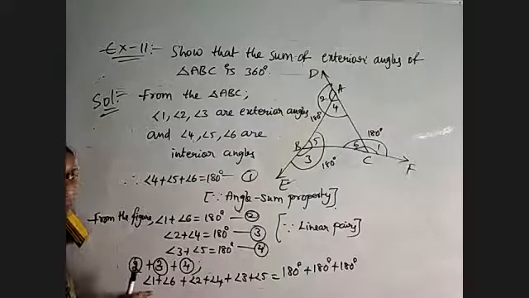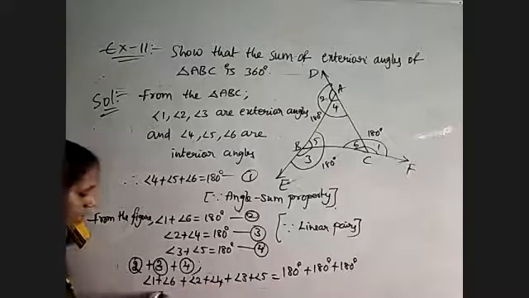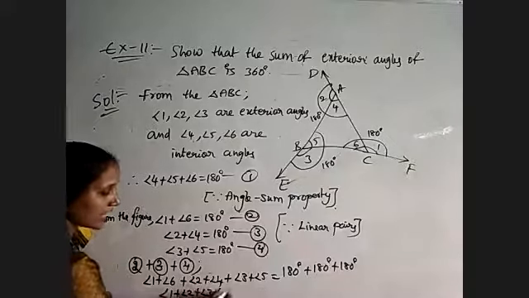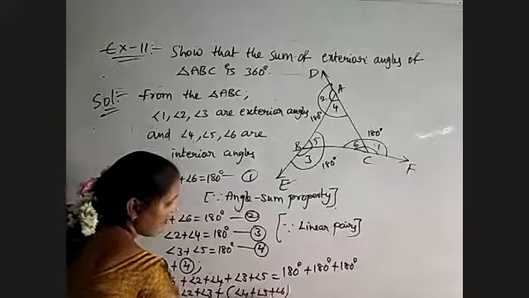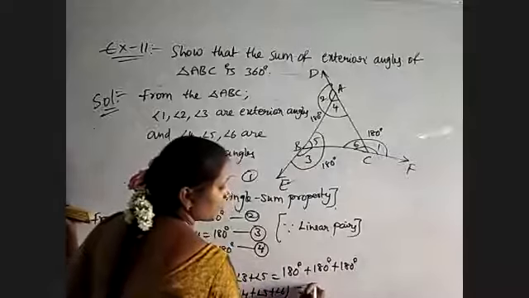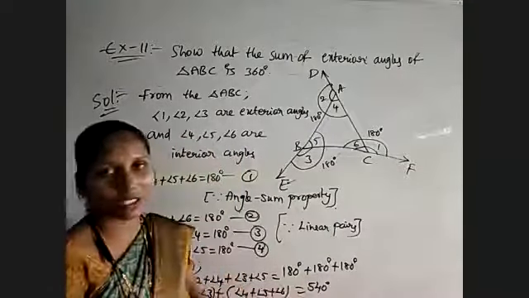What we need to prove is angle 1 plus angle 2 plus angle 3, and write the remaining three angles 4, 5, 6 together. What are we getting? Angle 1 plus angle 2 plus angle 3 plus angle 4 plus angle 5 plus angle 6 is equal to 540 degrees. 180 plus 180 is 360, 360 plus 180 is 540 degrees.